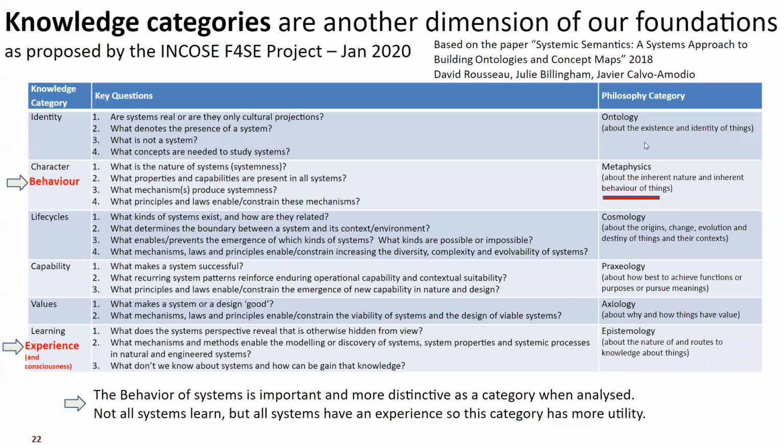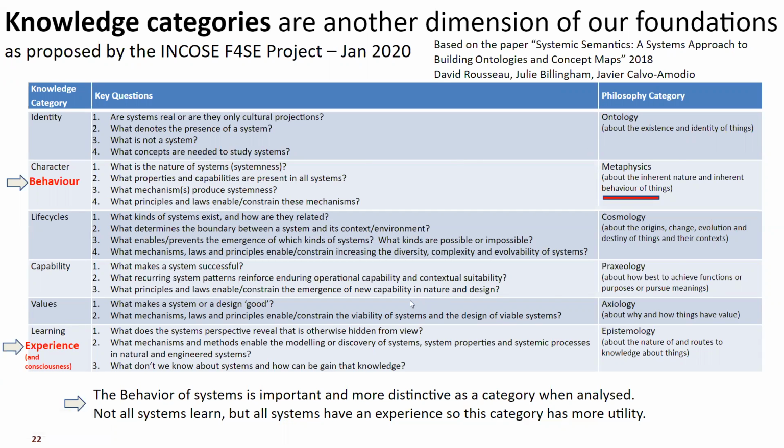And this is the work that David Rousseau and others have been doing. So they originally said character related to metaphysics, and I've changed that to behavior, because behavior is, as we know, an important concept for systems. They had learning related to epistemology, but I've changed that to experience, because not every system learns, but every system has an experience and also a consciousness, an awareness of its surroundings.